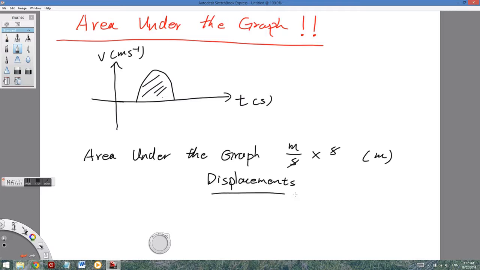Also, if you have a look at the gradient, the gradient of the graph also means something. If you ever forgot what the gradient means, have a look at the units. I have meters per second divided by the vertical over the horizontal, so I will have meters per second squared, which is acceleration in this case.